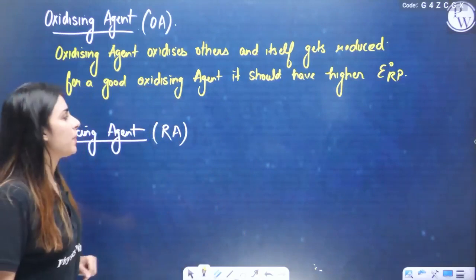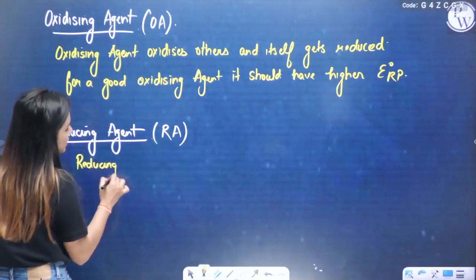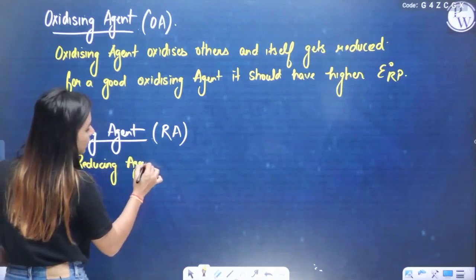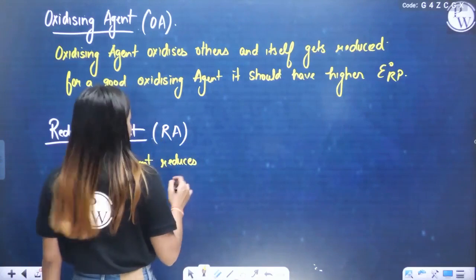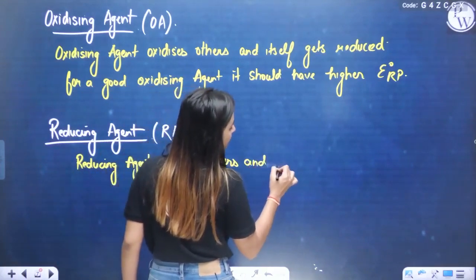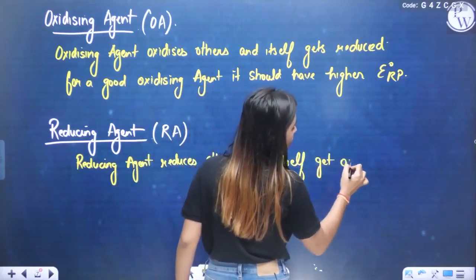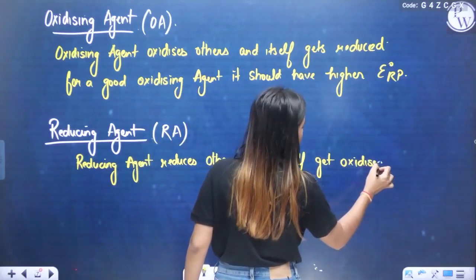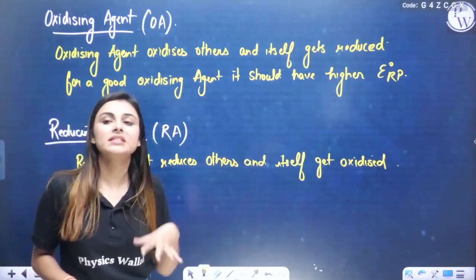So from here we can say that a reducing agent reduces others and itself gets oxidized, right? A better reducing agent will reduce the other and itself will get oxidized.